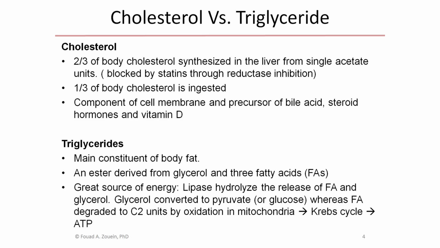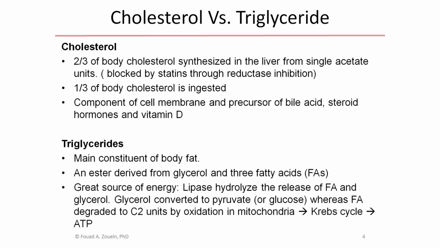Now, triglyceride is the main constituent of body fat. This is how the body stores fat, in the form of triglyceride. It's basic biochemistry, derived from glycerol and three fatty acids. It's a great source of energy, there's no denying that.